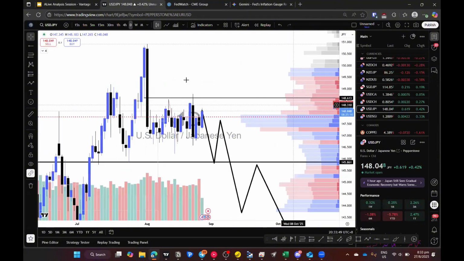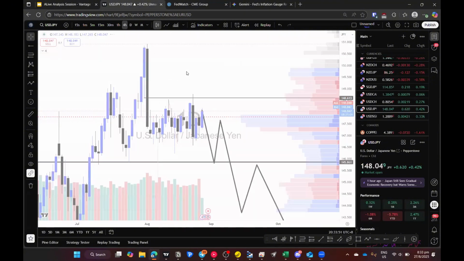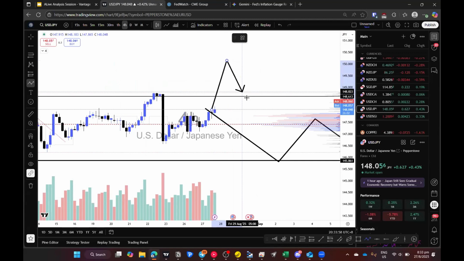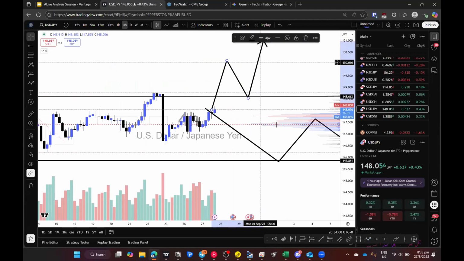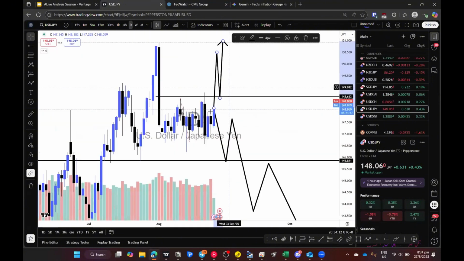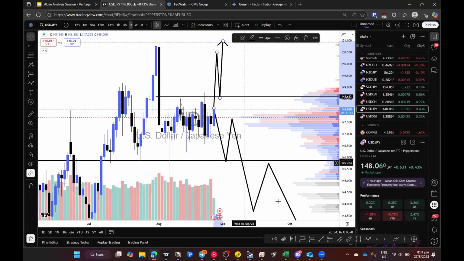If we're looking at a bullish move, we would like to see price break above this high, retest, and then it goes up. The unique thing about dollar yen is that you get positive swaps on the dollar, so this is a much easier trade. But overall on the macro, you're looking at a weakening of the dollar, so this is more of a long-term trade.